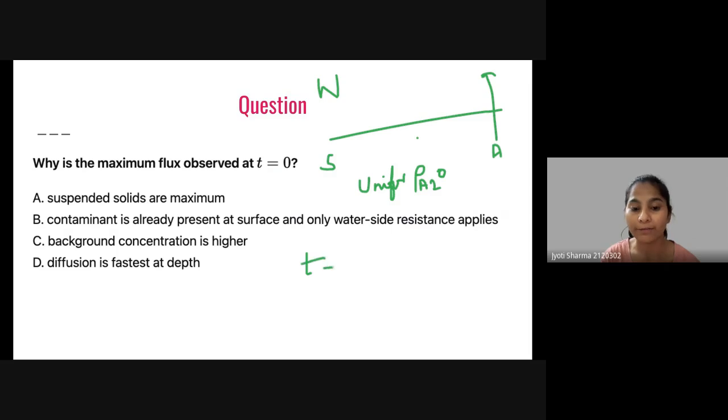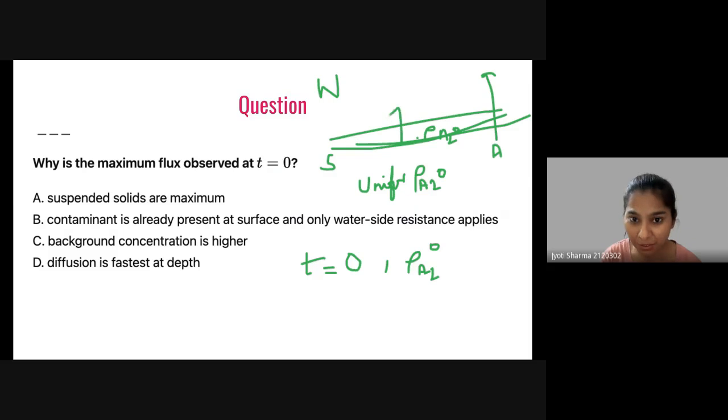So when we have time t equal to 0, everywhere in the sediment part, the concentration of A2 will be your A2 naught. So here at the interface also, the concentration is ρ_A2 naught. Then it means at the interface already we have this concentration, and this concentration will move to the water side. This is the first thing.